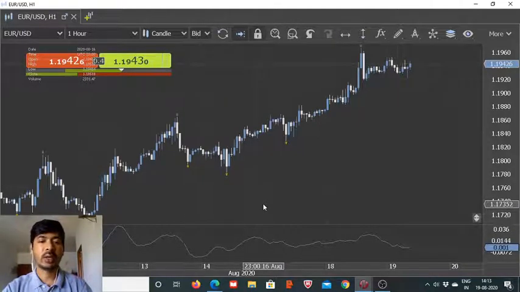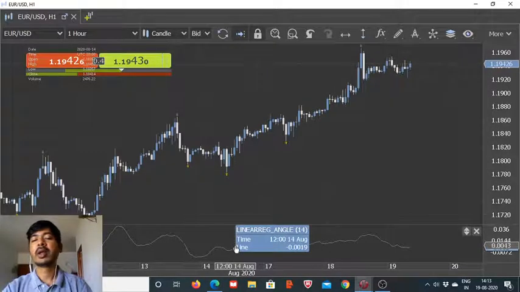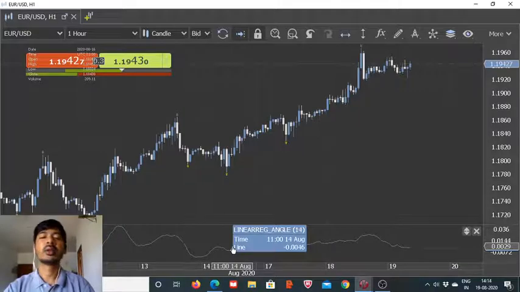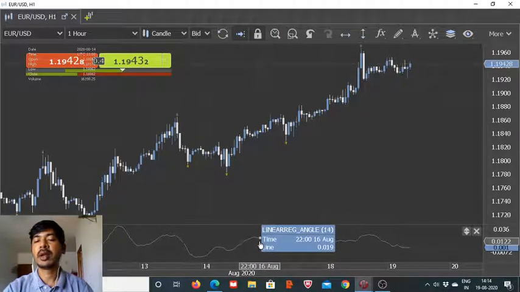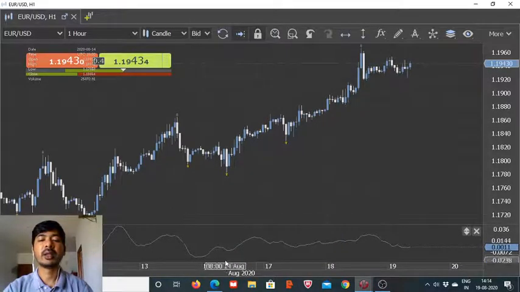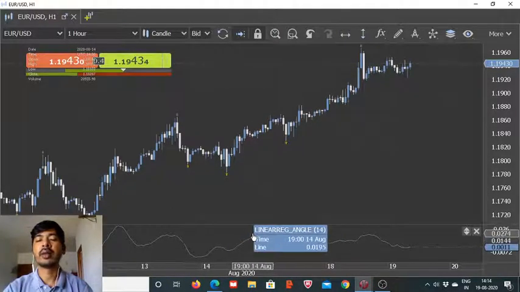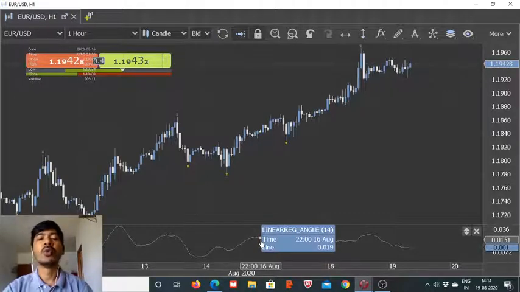So this way we can use this linear regression angle, and as I said, it gives us the idea of initial stages of the trend, as well as we can see that whenever there has been a good run on the higher side, then this linear regression angle value starts to fall.